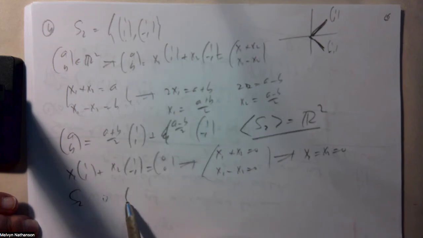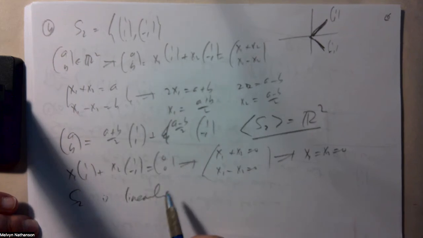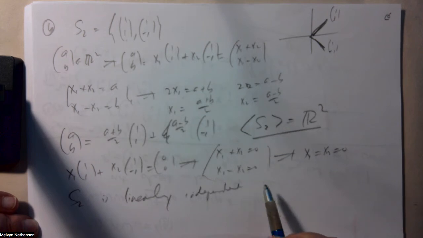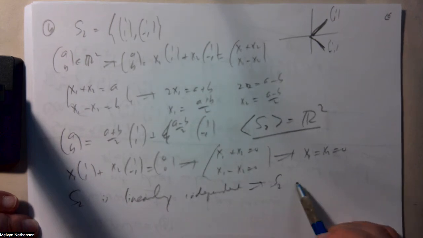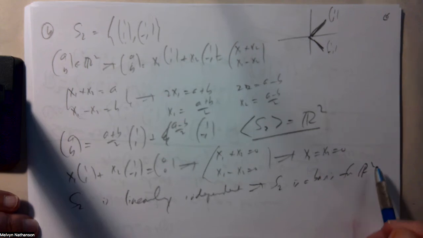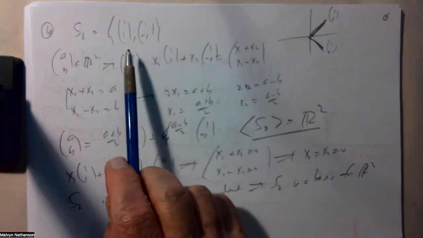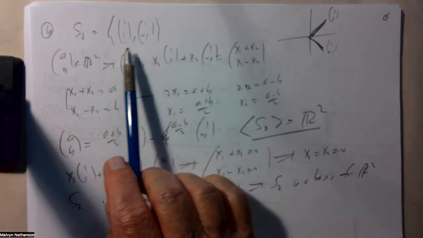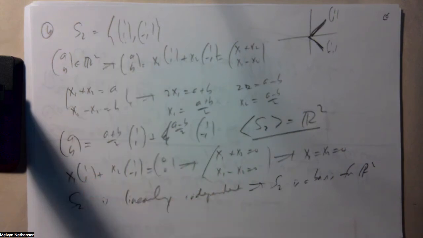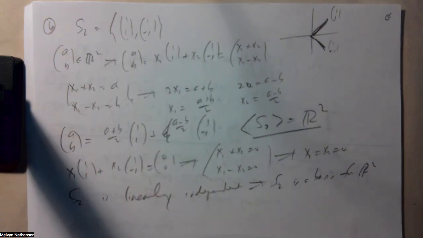So S2 is a linearly independent set of vectors. So S2 is a basis for R2. These two vectors have the property that every vector in R2 is a linear combination of them, and they are linearly independent.